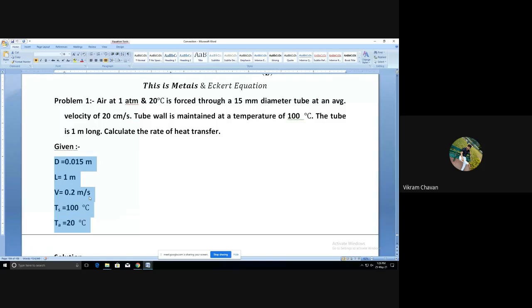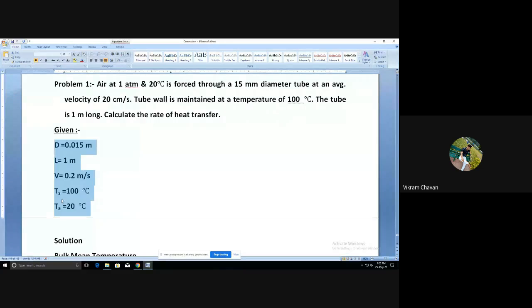The surface temperature of the tube, T suffix S, is equal to 100 degrees Celsius. The fluid temperature, that is the air temperature, T suffix A, is equal to 20 degrees Celsius. So write down the given data in this manner.